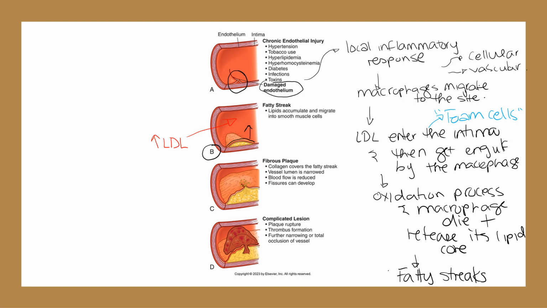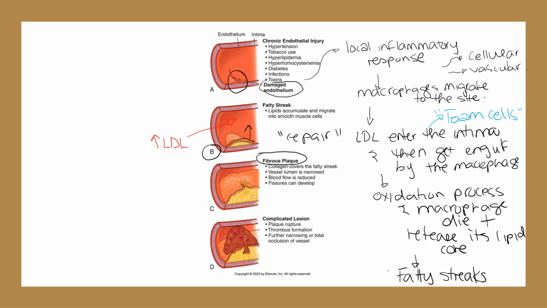So with that fatty streak there, we're now going to have fibrous plaque. Fibrous connective tissue, or collagen, will start to try to, quote unquote, repair that fatty streak. It's trying to cover the fatty streak, and by doing so, it will start to encroach on the lumen.